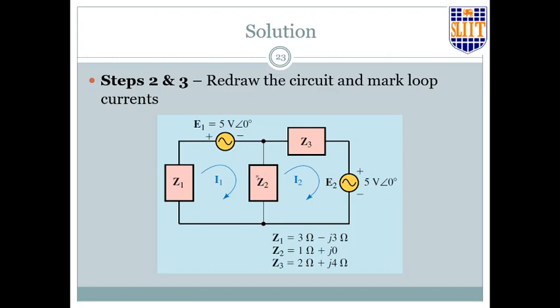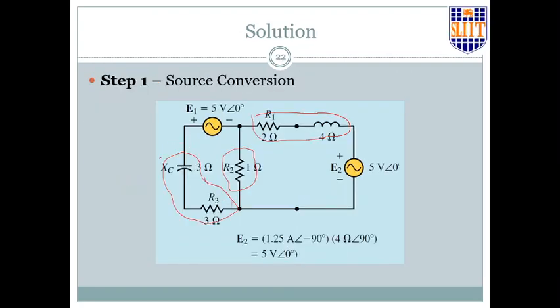So Z1 here is what? 3 ohms minus j3 ohms. Z2 is 1 ohm plus j0. Z3 is 2 ohms plus j4 ohms.